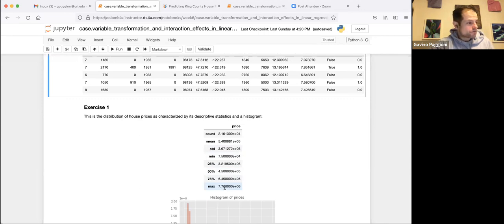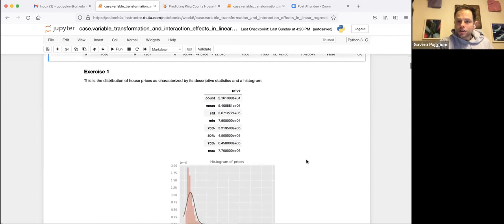So we have some expensive homes. And then we see also that the median is 450,000, which we can see is a little bit lower than the mean. So we already can spot the distribution of the price must be skewed.